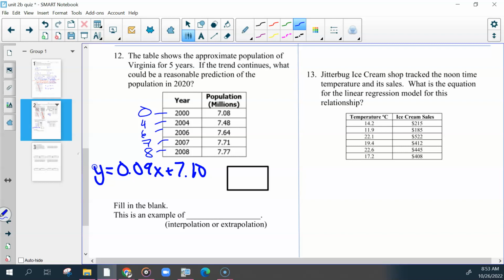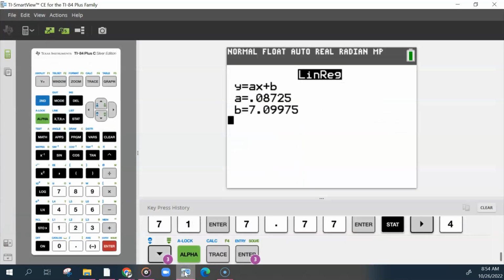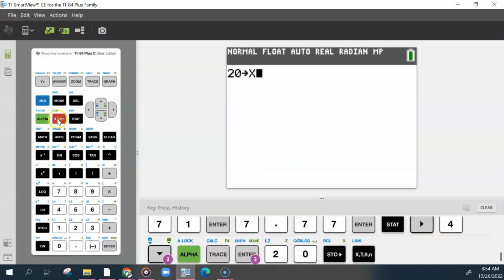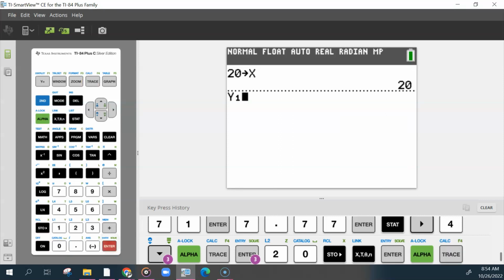And then we're looking for the prediction for the population in 2020. So that would be 20 years from the original. So we would again store that for x. 20 STO x. Grab your equation from alpha trace.